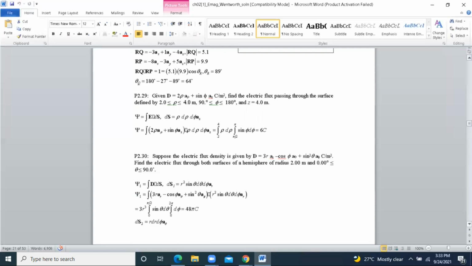You get the function for the flux density of the sphere, right? This is given the function, right?